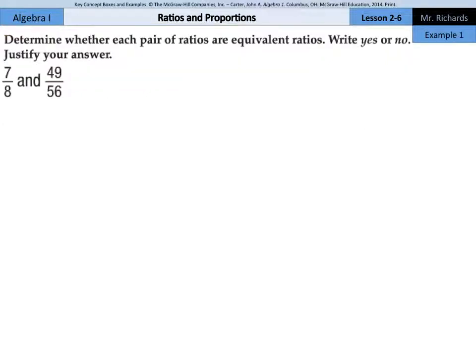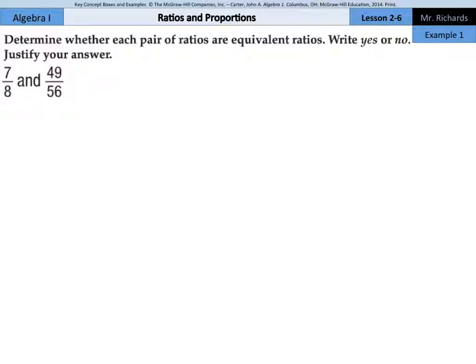However, before we solve, we first need to determine whether each pair of ratios are equivalent ratios. Yes or no? Justify your answer. What we need to do is to look at, well, does 7/8 equal 49/56?